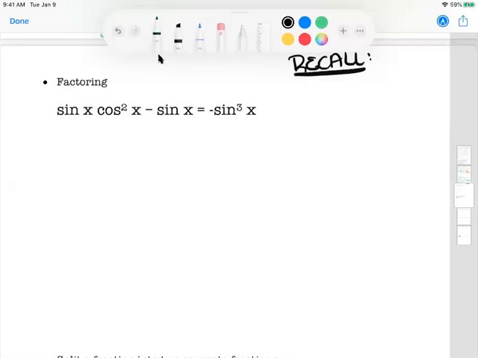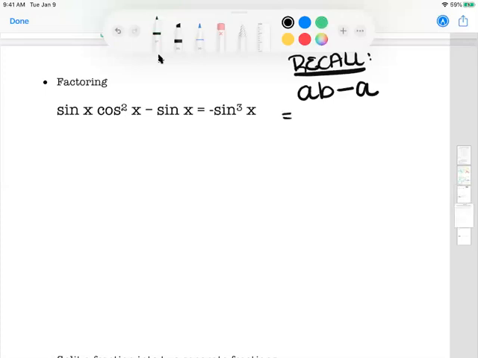If I had the expression AB minus A, I can factor out the variable A. That is a shared component that is in both terms. So I could factor this.